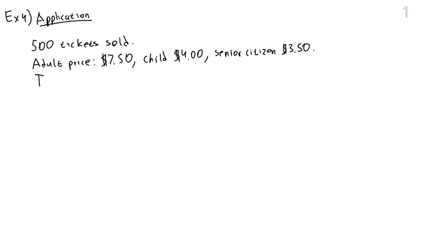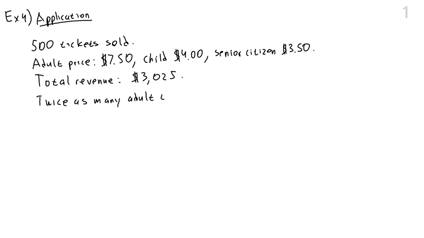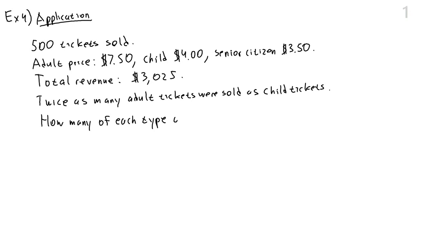And we also know that the total revenue was $3,025. And we need another piece of information. We're told that twice as many adult tickets were sold as child tickets. And the question is, how many of each type of ticket were sold?